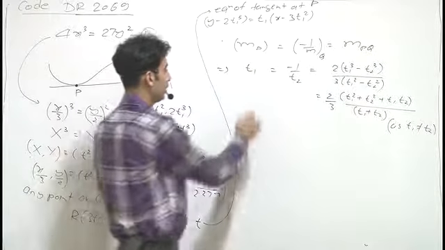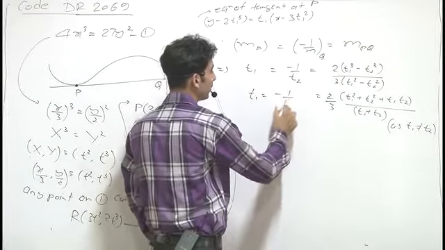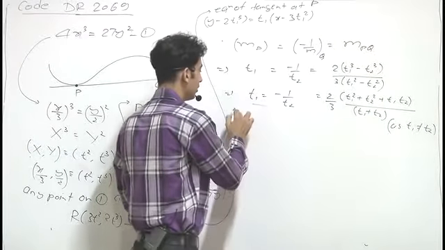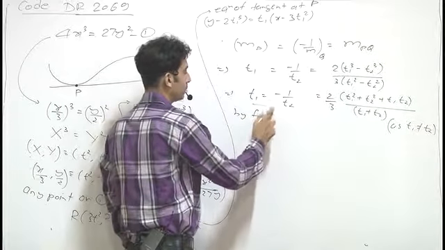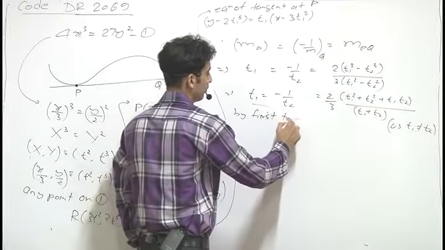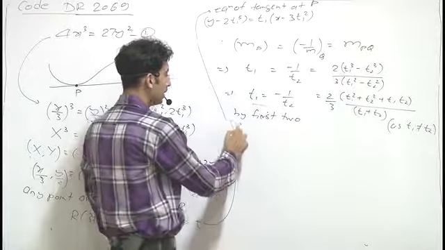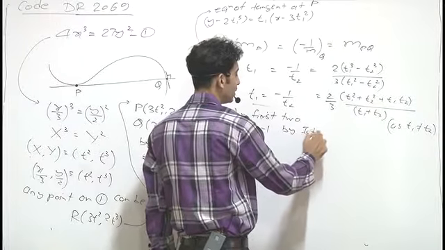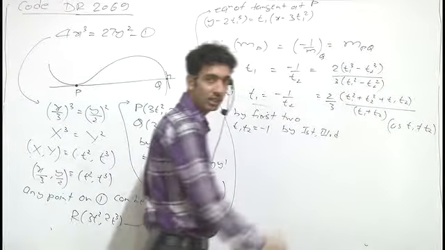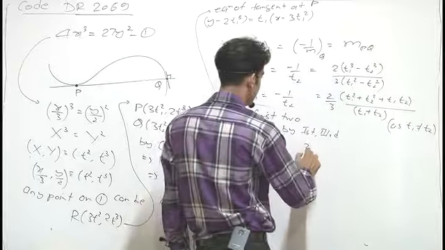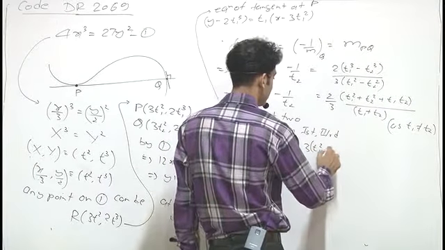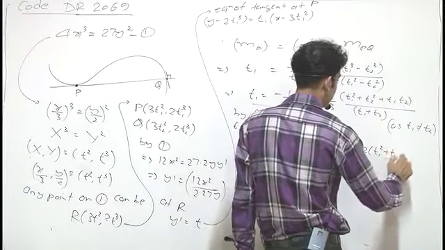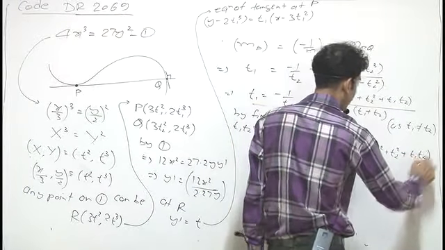Now we have t1 equal minus 1 upon t2. So by the first two relations, we have t1 t2 equal minus 1, and by the first and third relation, we have 3 t1 equal to 2 (t1 square plus t2 square plus t1 t2) upon (t1 plus t2).